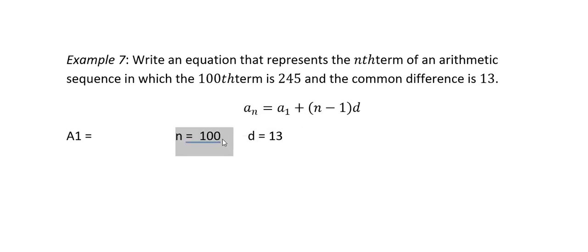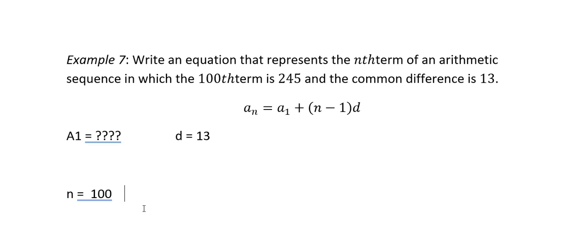When this happens, I actually know more information. Let's see. So I lied a little to you. The only things that you need to solve this problem are a sub 1 and d. However, we don't know what a sub 1 is. So we've got to use more information to get there.